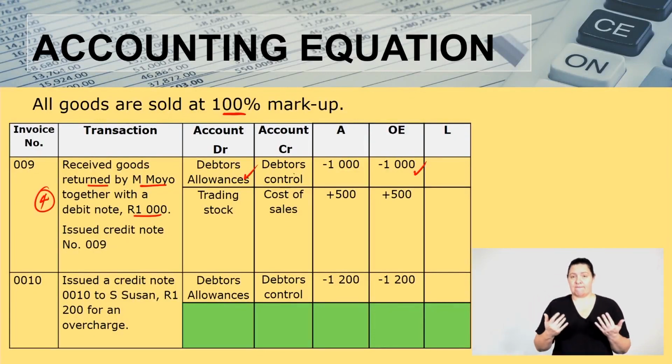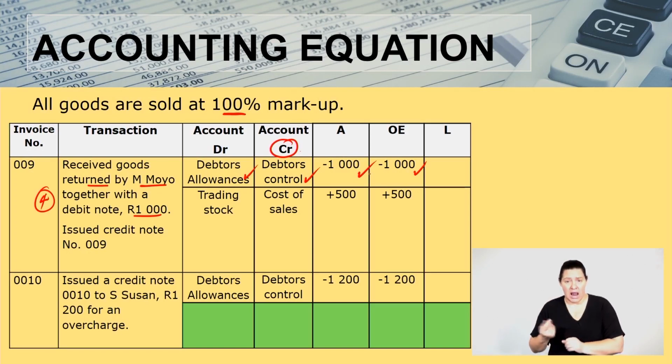And then when you have your debtors allowances, the account that is going to be credited is debtors control.